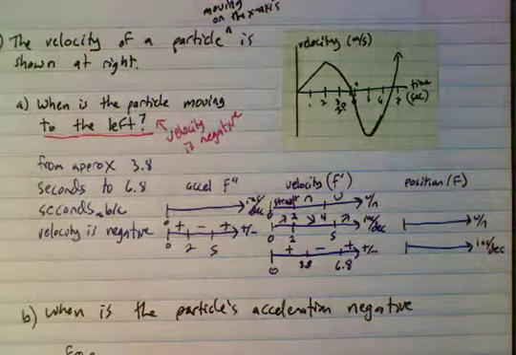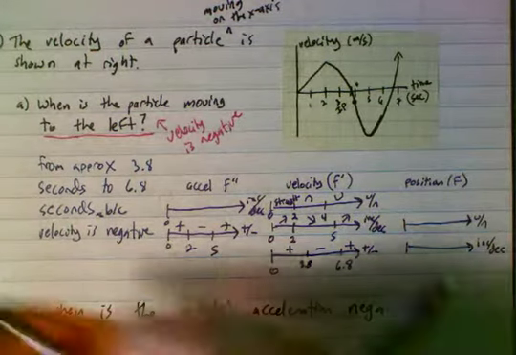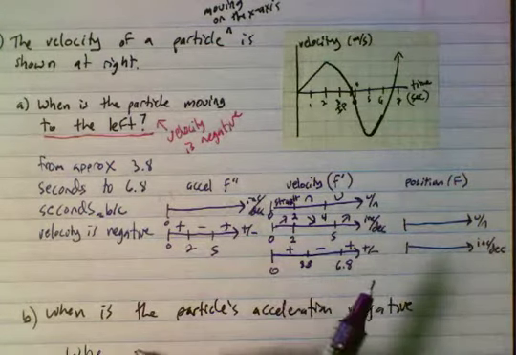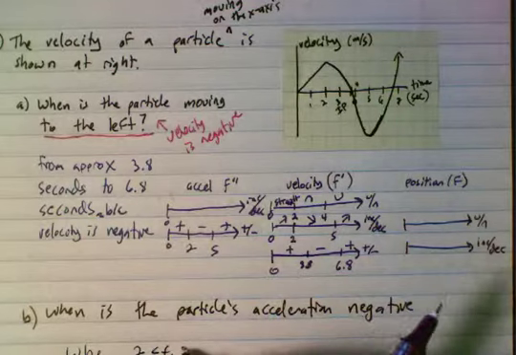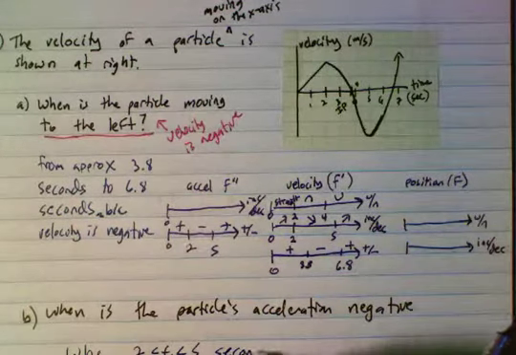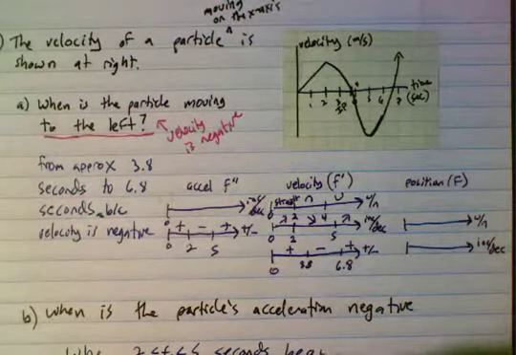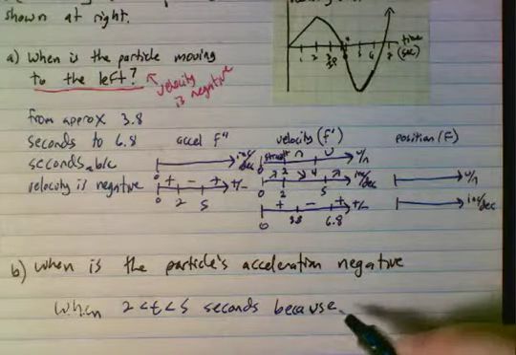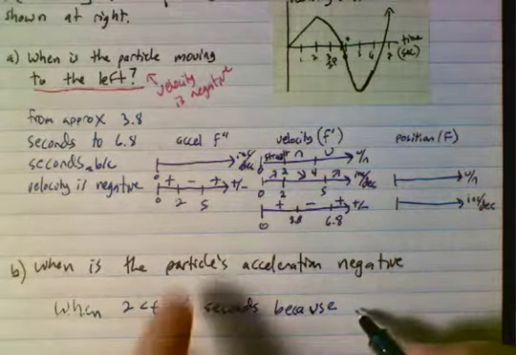Actually, we can just do our normal interval notation. When t is between 2 and 5 seconds, because velocity is decreasing.